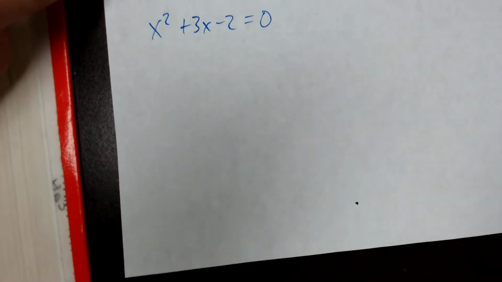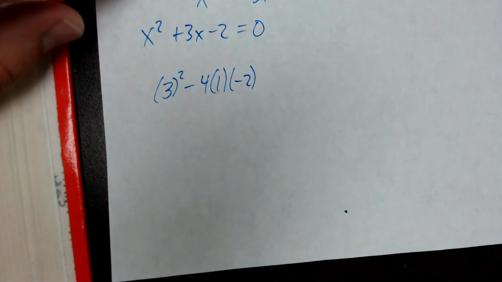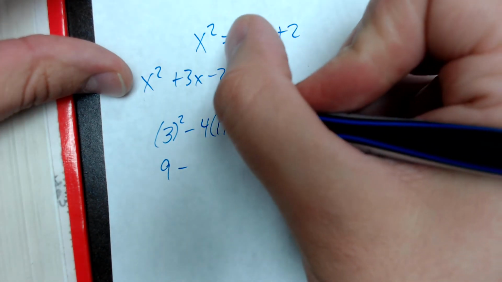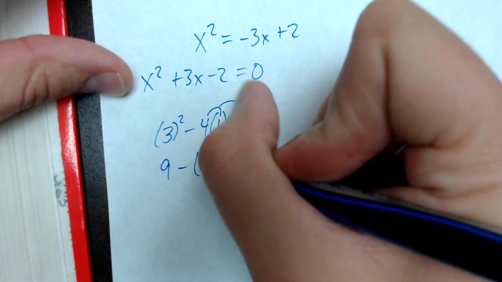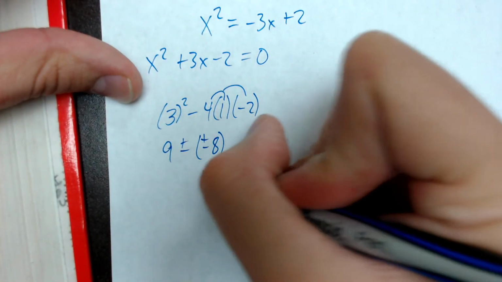So I'll take b squared, which is 3 squared, minus 4 times 1 times negative 2. This is going to be 9 minus 4 times negative 2, which is 9 minus negative 8. That becomes plus positive. So then I have 17.